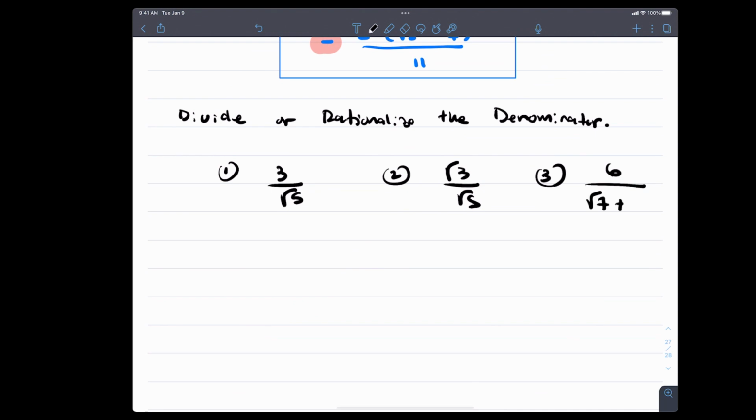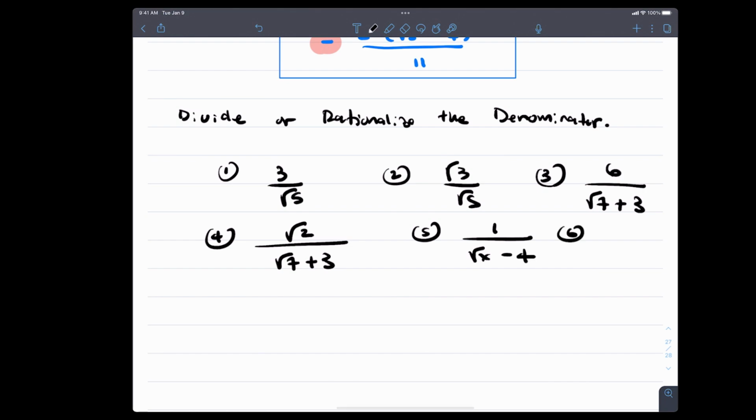Let's go to 7 plus 3. 4. Let's go to 2 over. Let's go to 7 plus 3. 5. 1 over. Let's go to x minus 4. And 6. 1 over the square root of 3 plus the square root of 2.